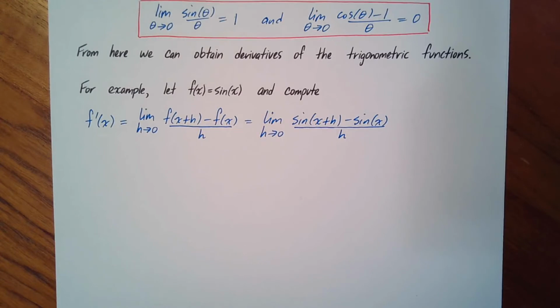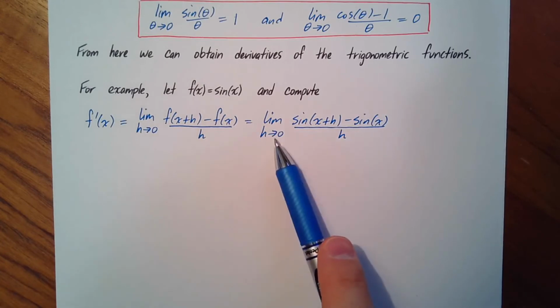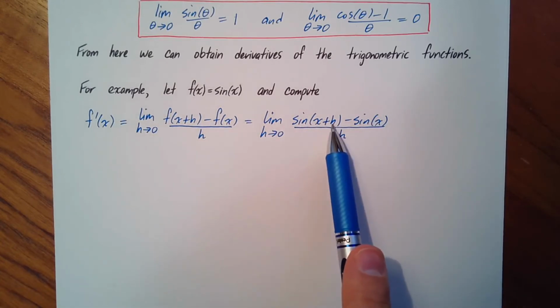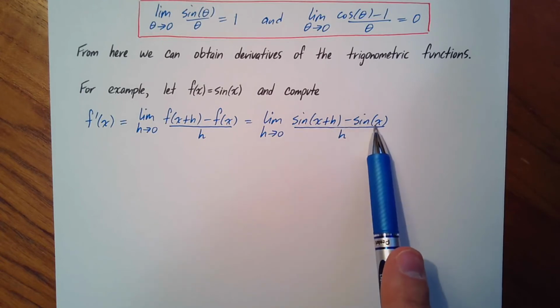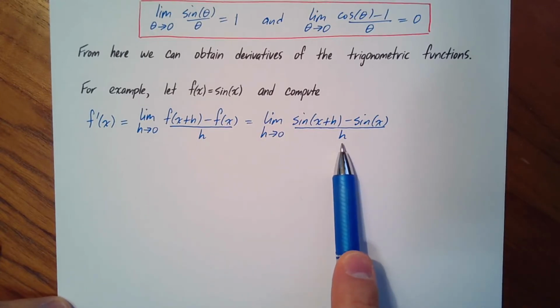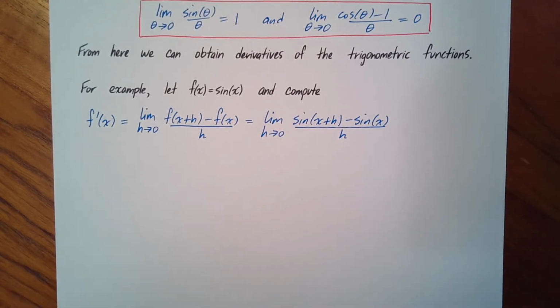Now, you always want to ask yourself before you start a limit, what happens if you plug in the value, right? And if you do plug in the value h equals 0, you're going to get sine of x plus 0 minus sine of x on the numerator. So you'll have sine of x minus sine of x, which is 0 on the numerator, right? And if you plug in h equals 0 to the denominator, well, you're going to get 0 on the denominator as well. So this really is a 0 over 0 type at this stage, which, remember, tells you absolutely nothing.